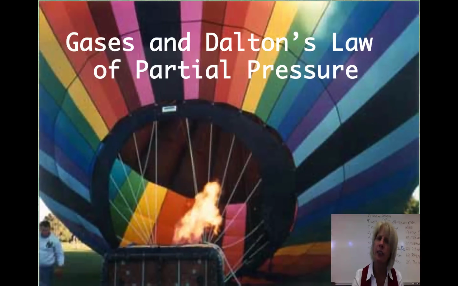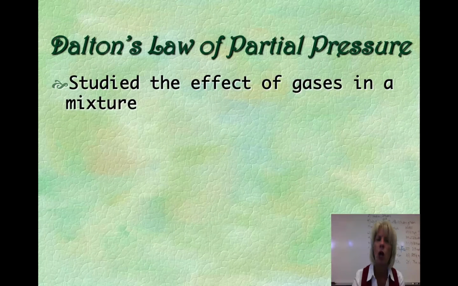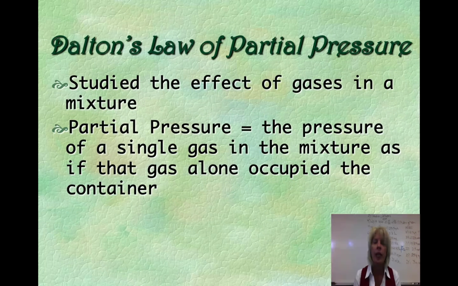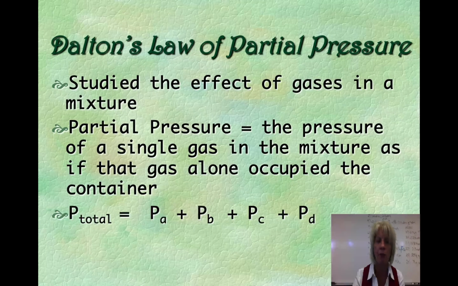Now let's consider Dalton's law of partial pressure. John Dalton not only came up with the atomic theory, but he studied the effect of gases in a mixture. Now, the partial pressure of a gas is the pressure exerted by a single gas in a mixture. It's as if that gas alone occupied the container.